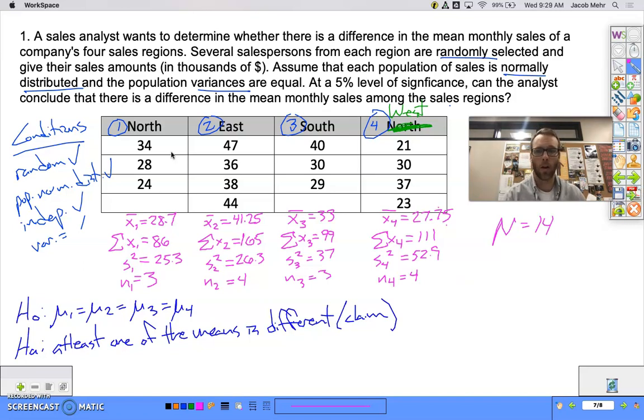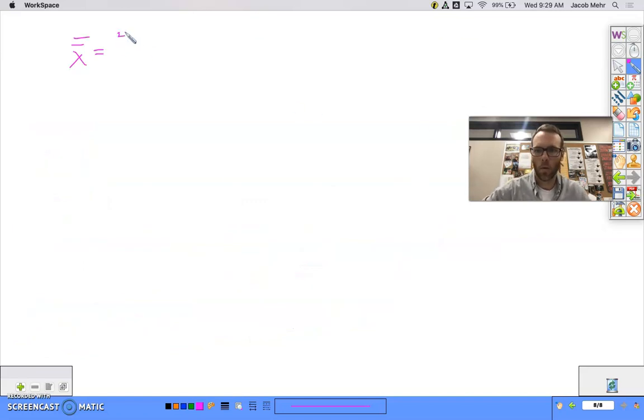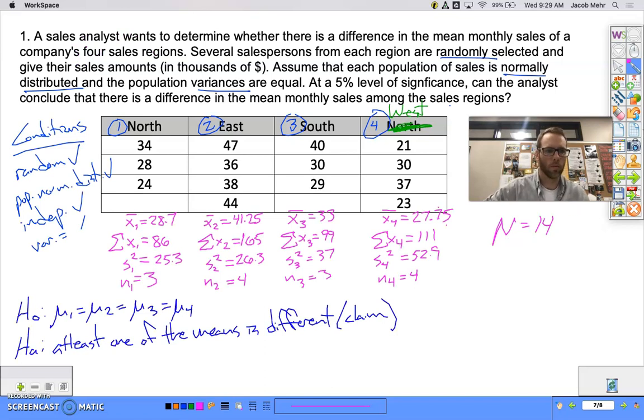For the numerator, we add all the X's from all the lists together. We've already done that for each list, so I can take the 86, the 165, the 99, and the 111, and add those together: 86 plus 165 plus 99 plus 111 is 461. So we have 461 over 14.